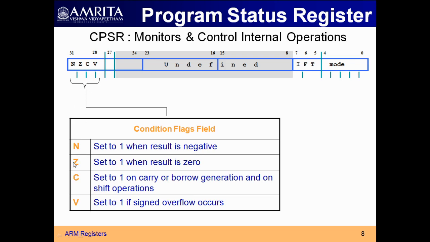The next bit is known as the carry bit. Let us take when you are adding two numbers and you are getting a carry of 1. When you are adding two 8-bit numbers, let us take the 8-bit number as FF. In hexadecimal representation, FF represents the 8-bit maximum number. When you are adding FF with FF, what will you get?